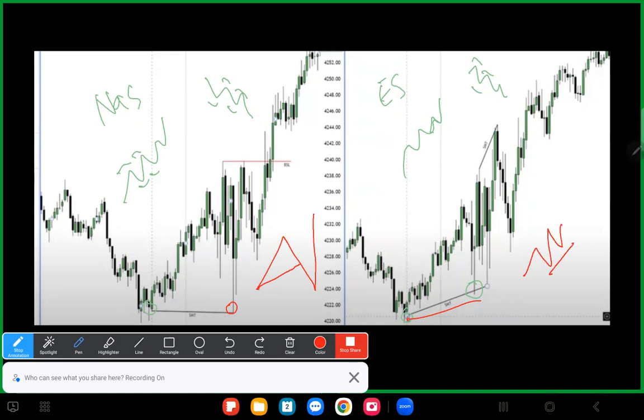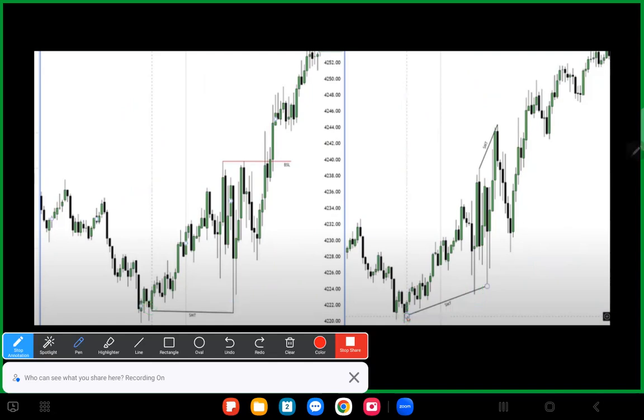So that's an early sign that there's some manipulation taking place in these markets, because ideally we want to see them move the same way. When one is going lower, we expect the other to also go lower. But when one fails to do so, that's an early indication of manipulation. And that also tells us that there's a potential for a change in the state of delivery to take place.